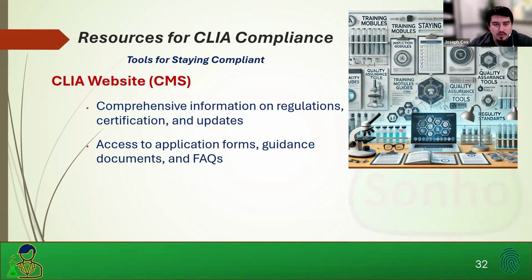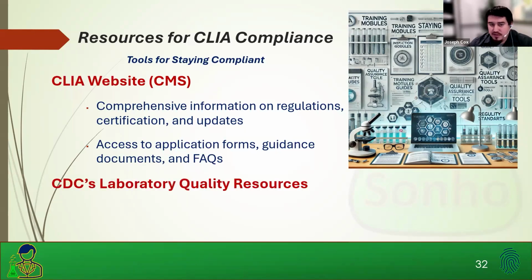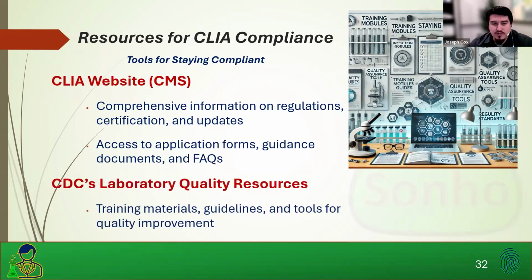Some states require more than others, and the CMS has information for that, as well as the CDC's laboratory quality resources. They have training materials, guidelines, and tools for quality improvement. The CDC is focused a lot on quality, as well as training.